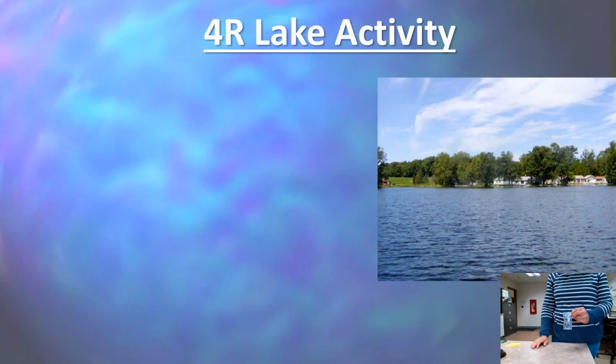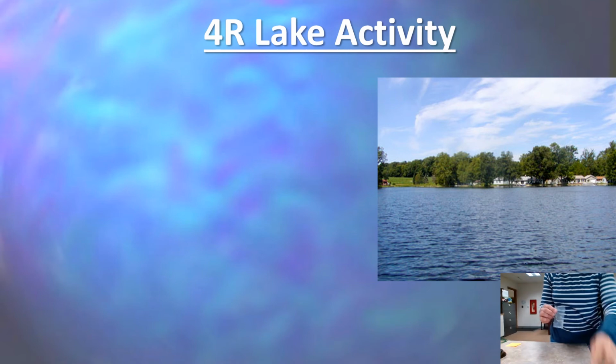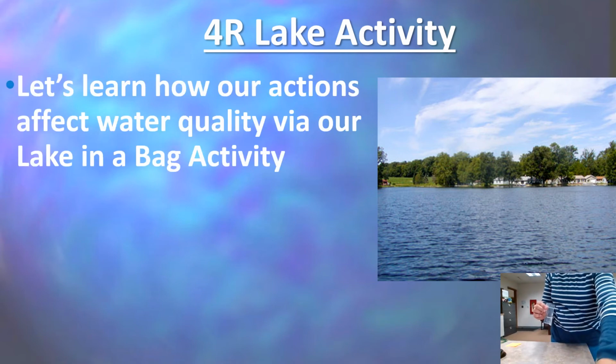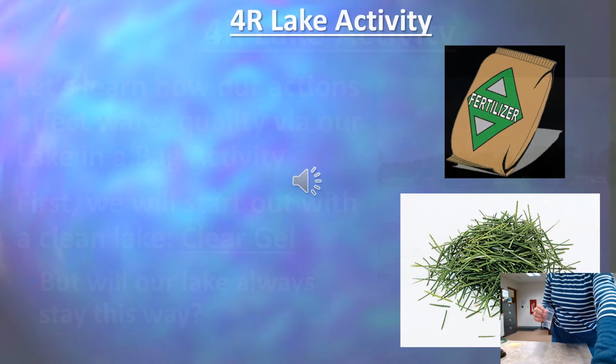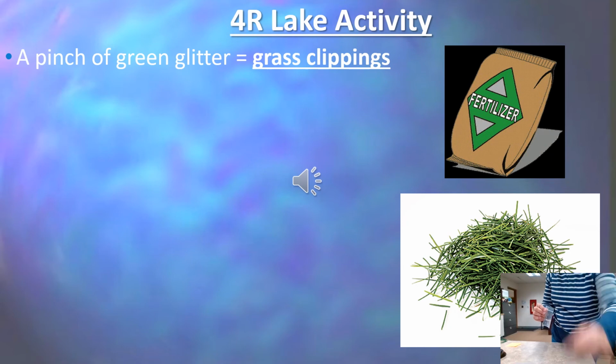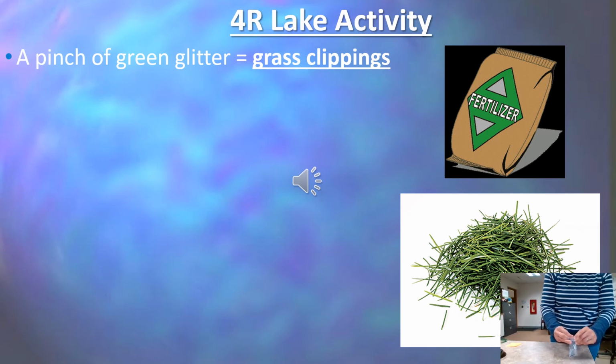Let's do an activity. This baggie of clear gel represents clean water, but will it stay that way? Let's learn how our actions affect water quality. This green glitter is going to represent grass clippings.